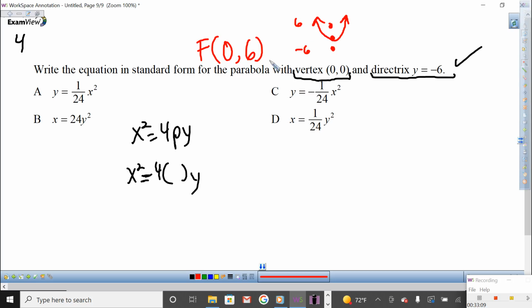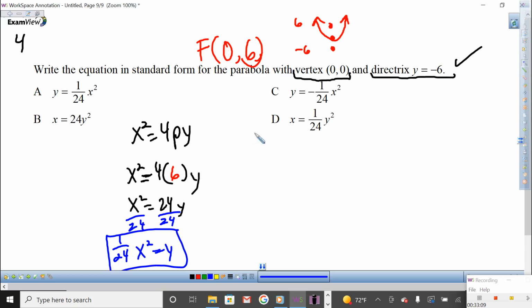And it has to be the y value, yes? So that goes here. So therefore, x squared equals 24y. What do I do next? Divide by 24. So 1 over 24 x squared equals y. Answer? A.